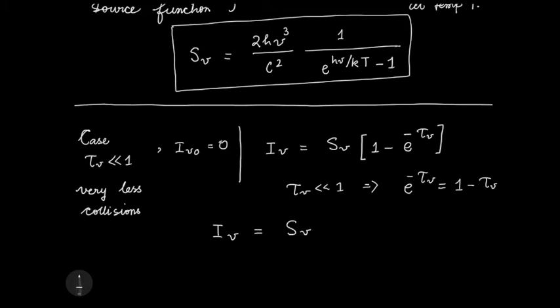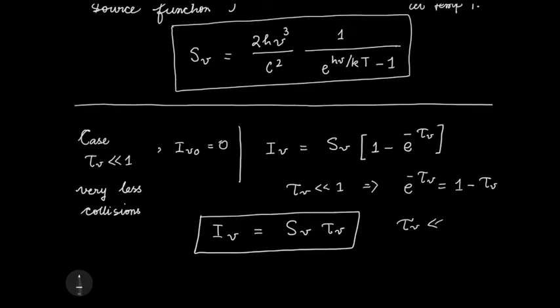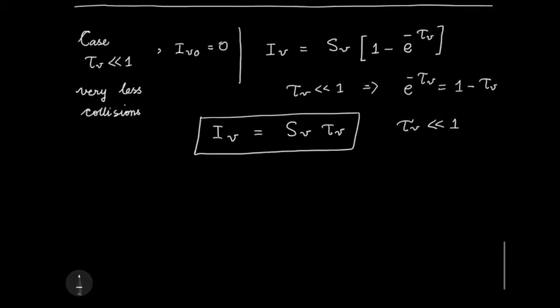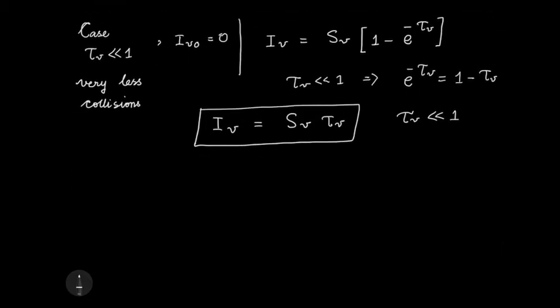So I nu in this particular case is S nu into 1 minus 1 plus tau nu, so S nu times tau nu. Just to remind you, this is for tau nu much less than 1.